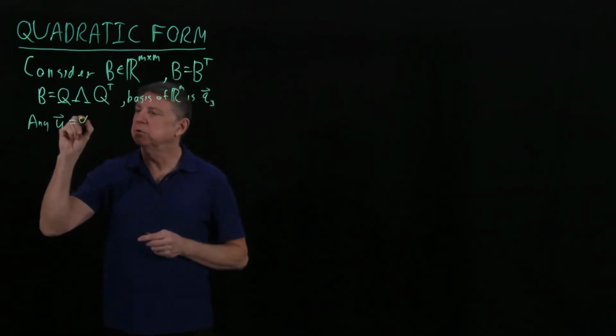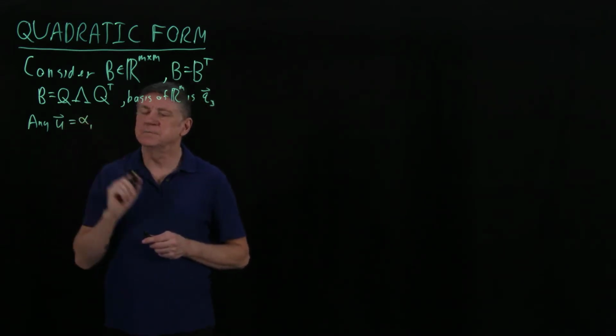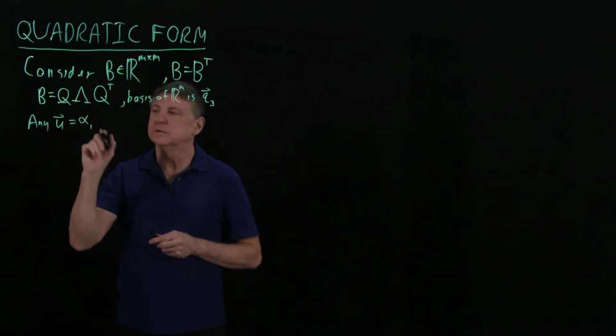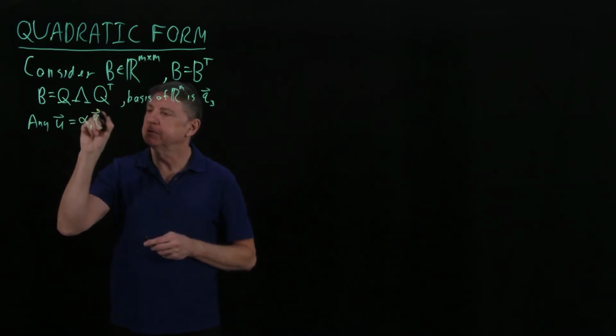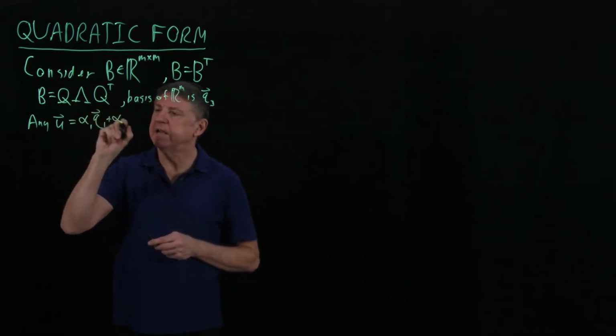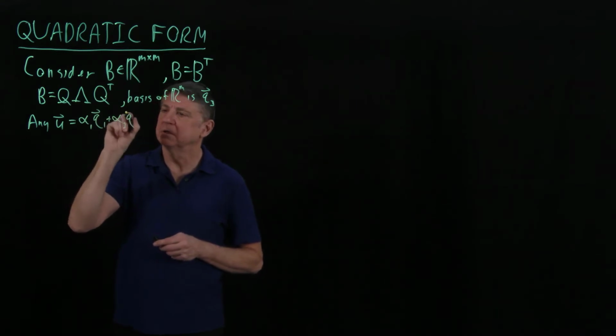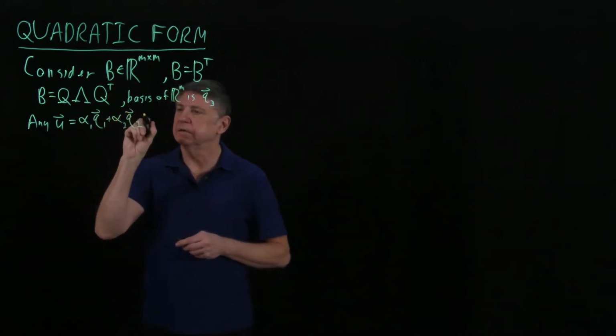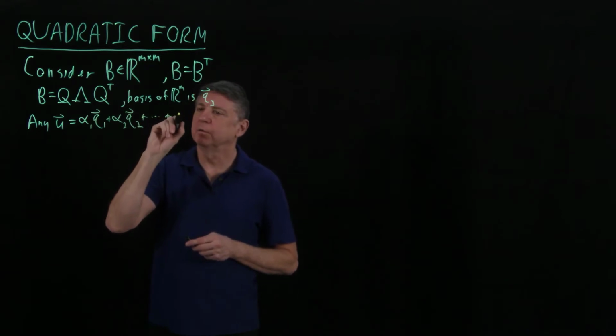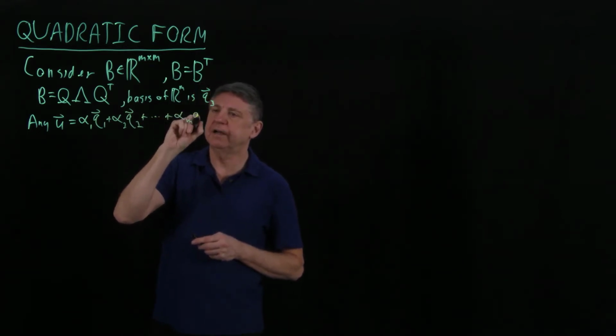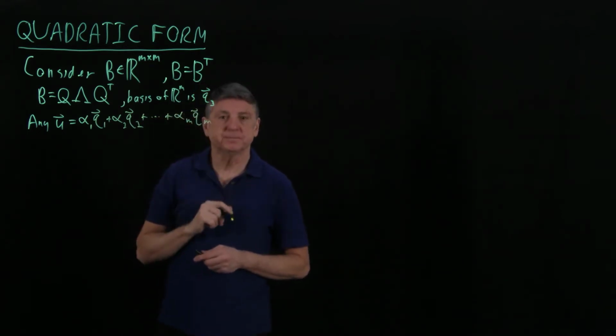Let's say that we'll use the real number alpha 1 times the first eigenvector plus alpha 2 times the second eigenvector, and so on until we have used all of the eigenvectors that are in the basis.